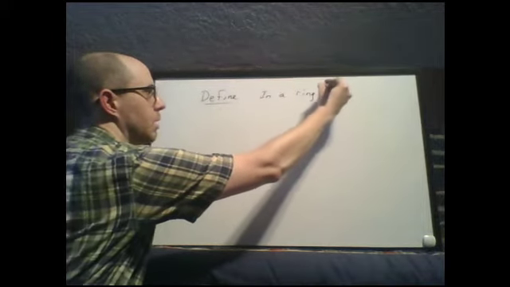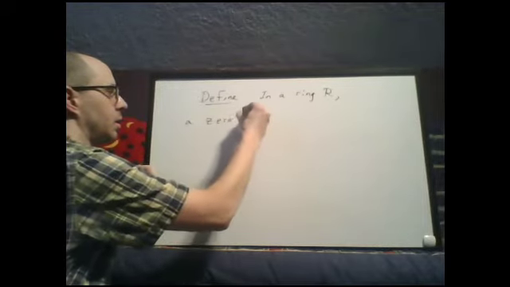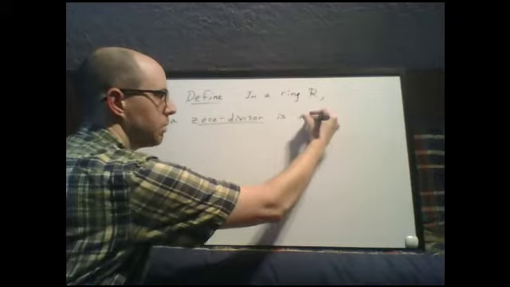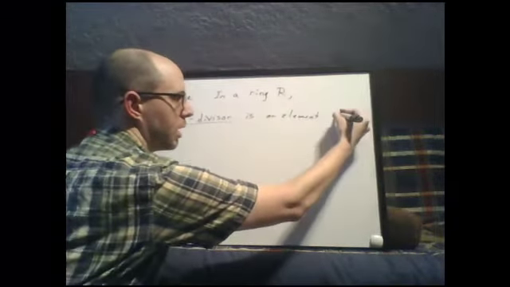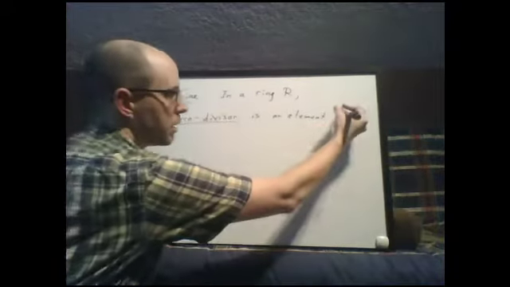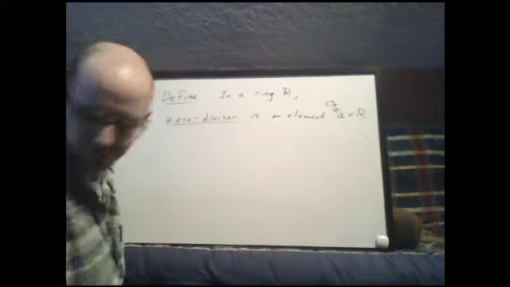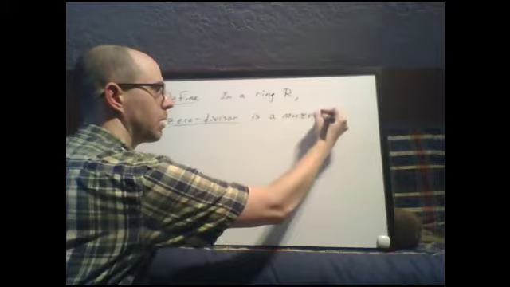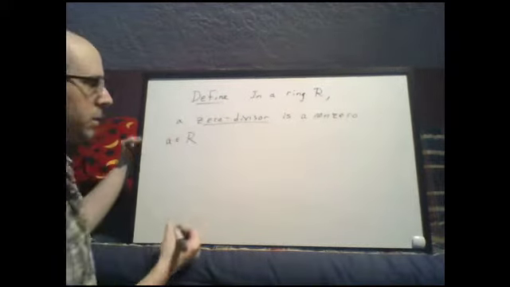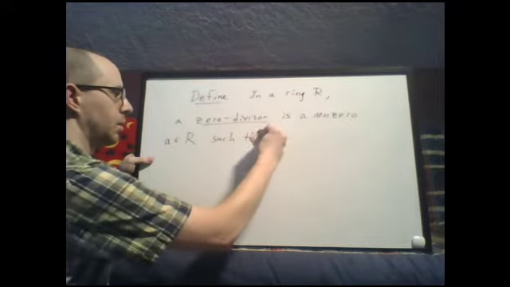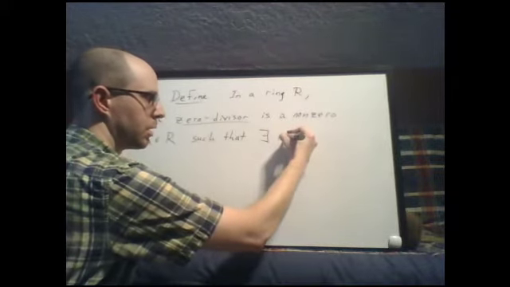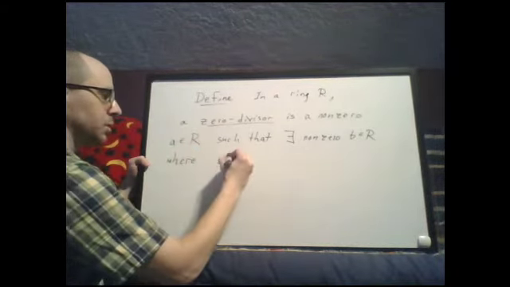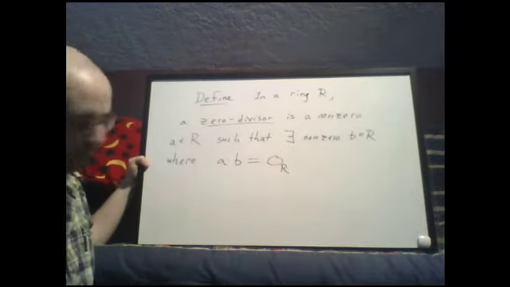In a ring R, a zero divisor is a non-zero element, we'll call it A of R, so A is not 0, such that there exists another non-zero element, call it B in R, where if I multiply these two non-zero elements, I get 0. So A times B is 0.